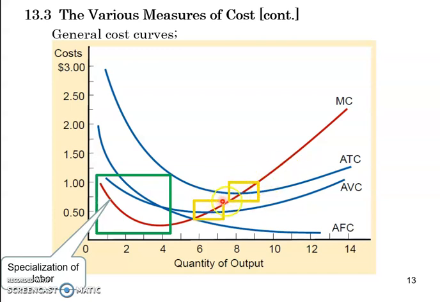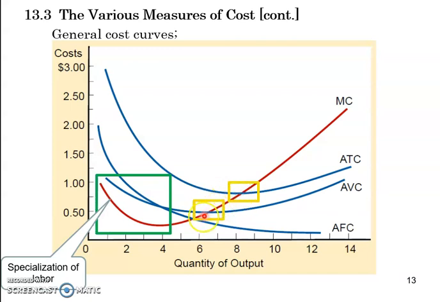This is exactly what we find on this graph. So MC would be the grade from this course. ATC or AVC would be your cumulative GPA. If you're doing better in this course than your cumulative GPA, it's going to lift your cumulative GPA up. If you're doing worse in this course, it's just going to lower the GPA, right?